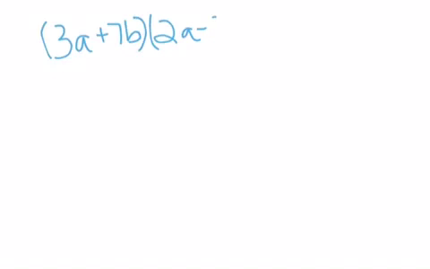Okay? All right, this next we're going to do is we're going to use the tabular method. So let's do 3a plus 7b. Okay, multiply that by 2a minus 3b. Okay, so set up your little foursquare.